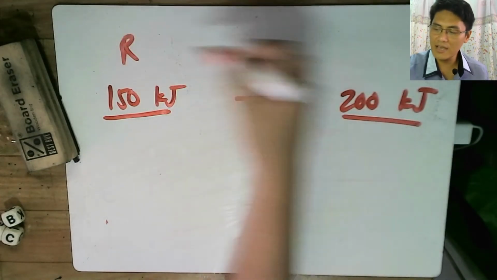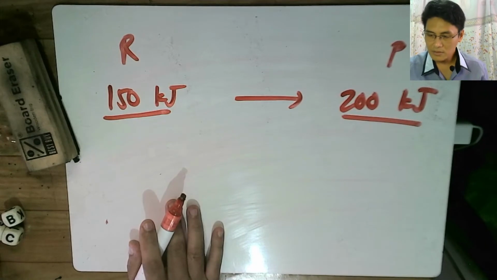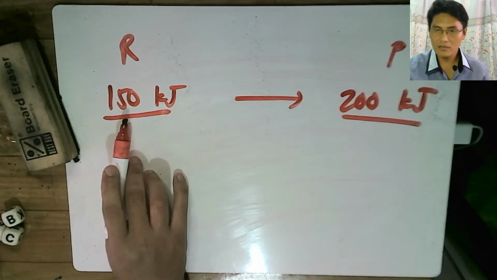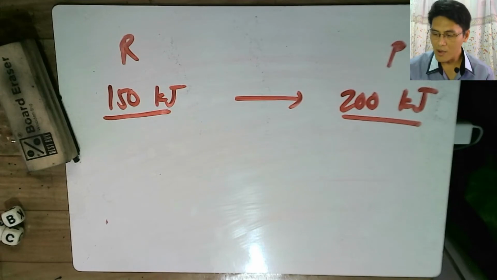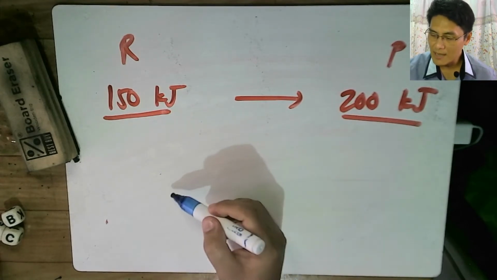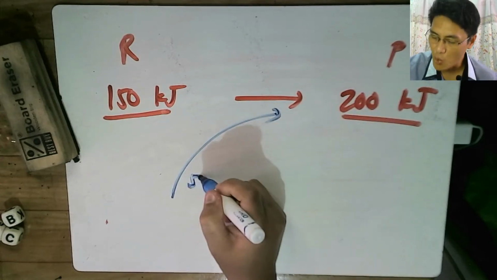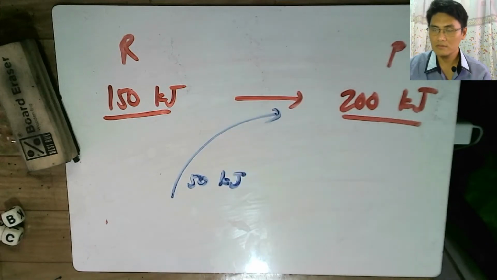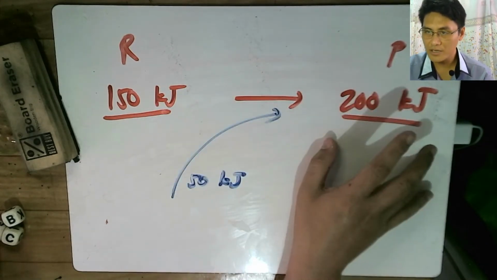So what does that mean? Well, how come the products have more energy than the reactants? And again, you cannot create energy out of nothing. So guess what? It means that somehow, instead of releasing energy, it must have absorbed 50 kilojoules, right? Because 150 plus 50 is 200 kilojoules.